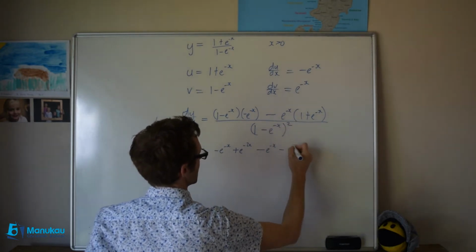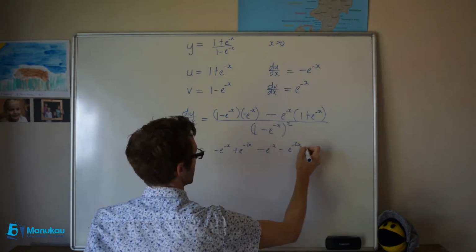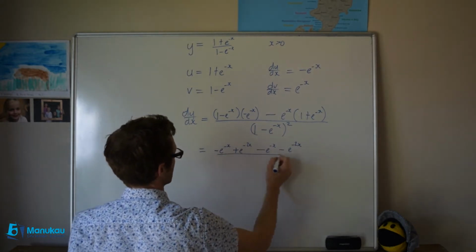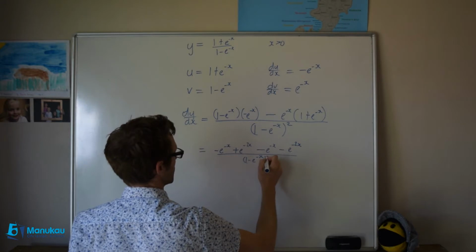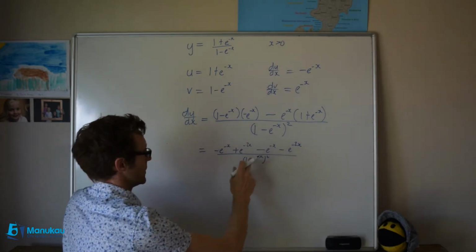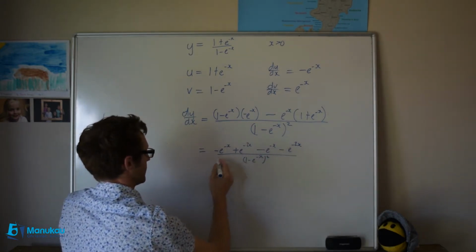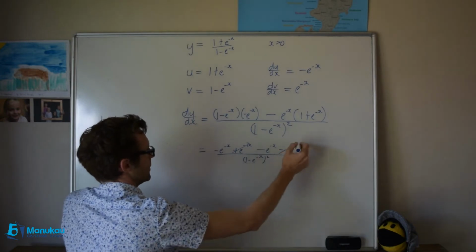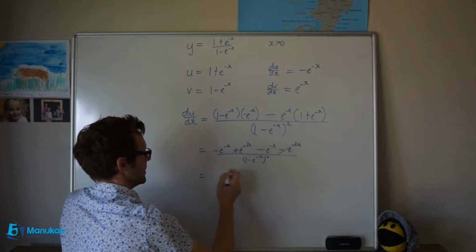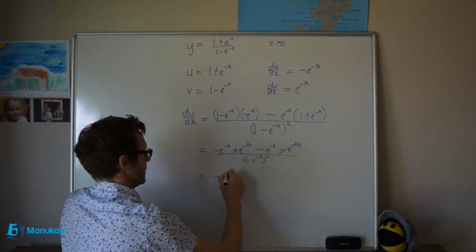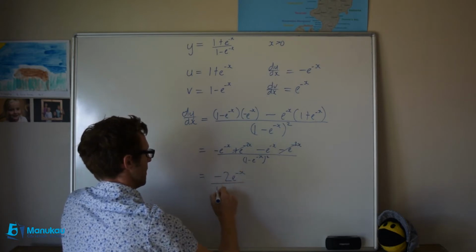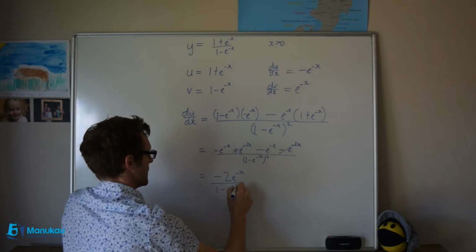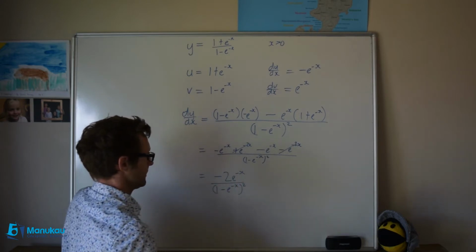So minus e to the minus 2x, all over (1 minus e to the minus x) all squared. Gather our like terms here. This is going to cancel out this. And so we end up with minus 2e to the minus x all over (1 minus e to the minus x) squared.